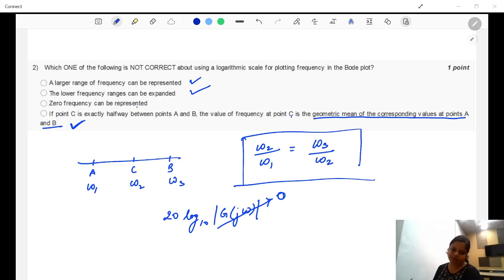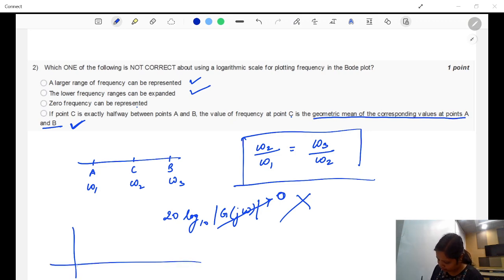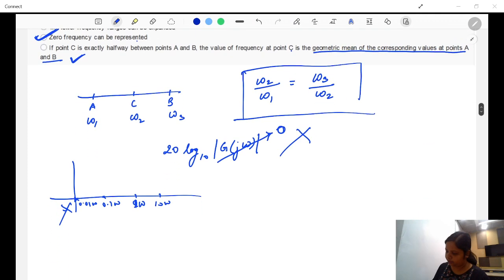What would happen? Log is not defined. So when we take the frequencies, it starts from 0.01, 0.1, 1, 10, and so on. We don't take 0, not allowed. So this is the incorrect option.